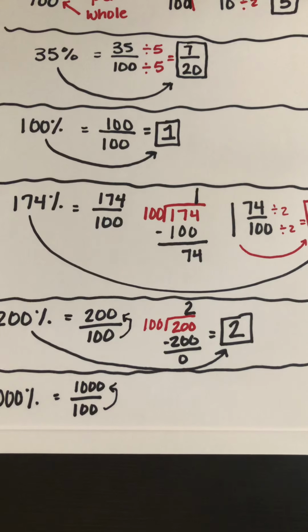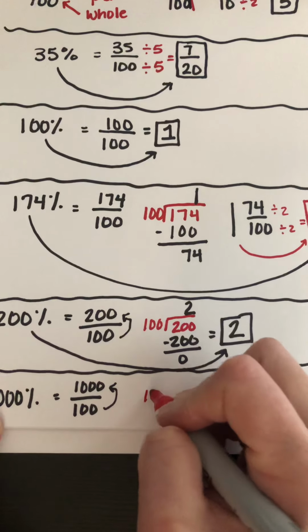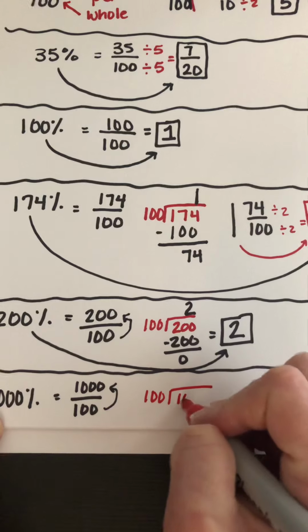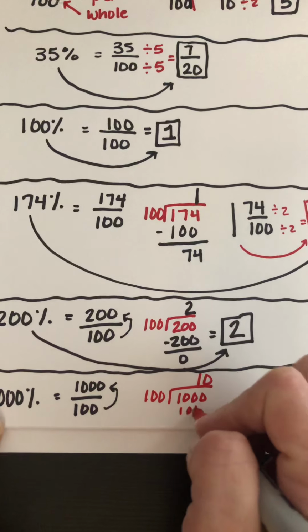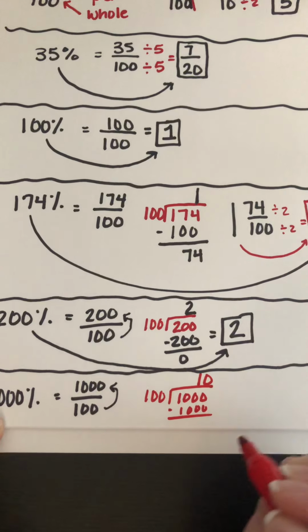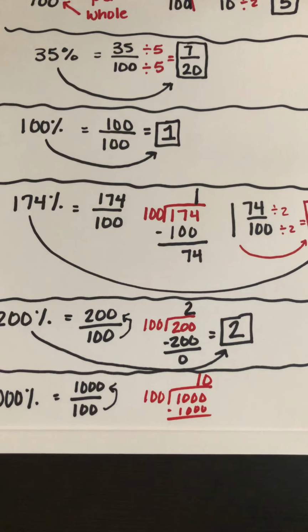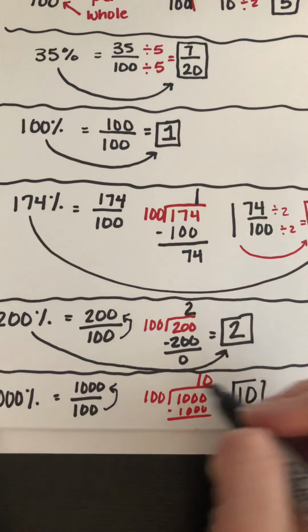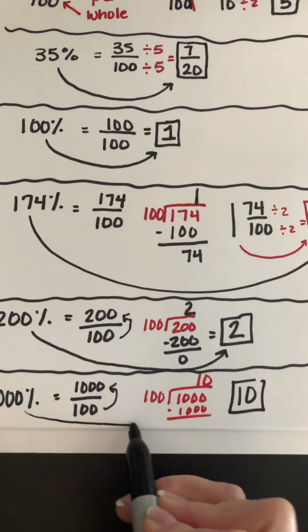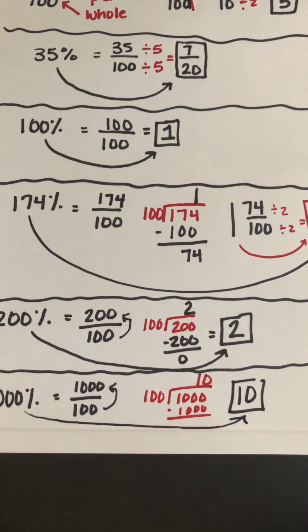It's going to be, how many times does 100 go into 1000? And the answer is 10 times, right? So my answer here is going to be 10. So 1000% would equal 10.